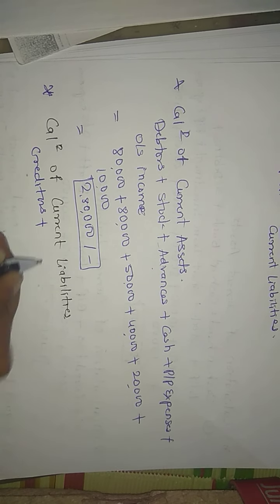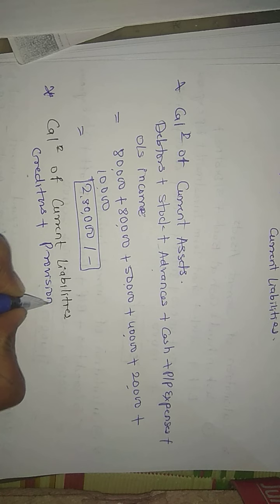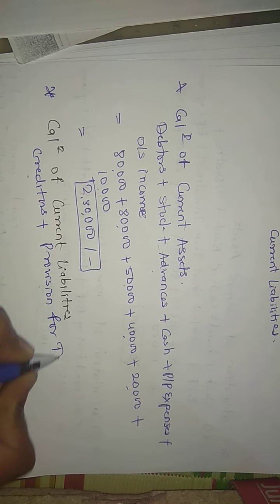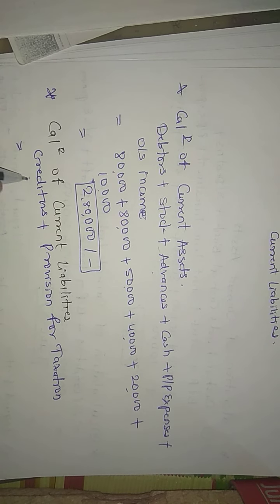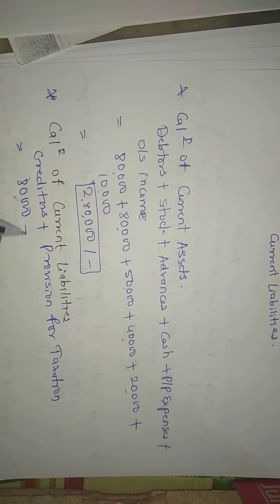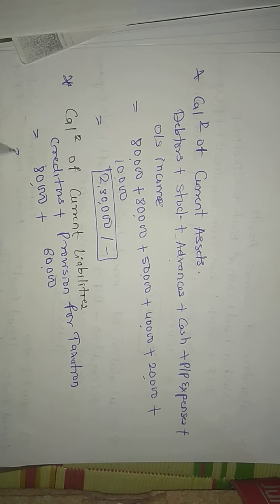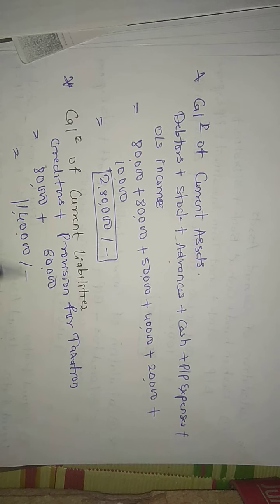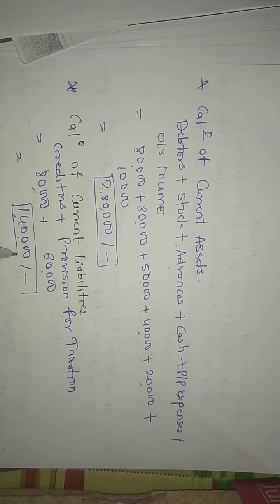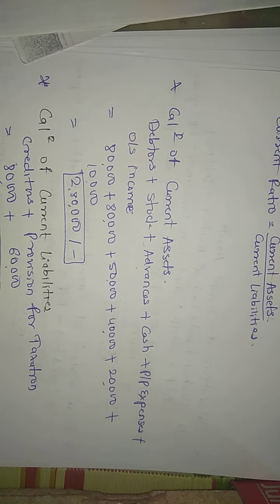Creditors plus provision for taxation. The creditors amount is 80,000 plus provision for taxation amount is 60,000. Then here we get 1,40,000 as current liabilities.